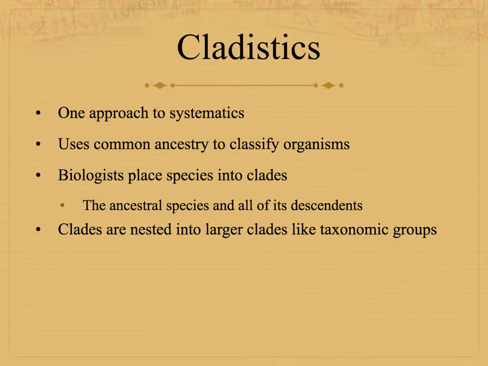So cladistics is one approach to systematics, one way we can study organisms and how they all fit together. And it's going to use common ancestry to classify those organisms. Each organism, or species, excuse me, is placed into a clade, which includes the ancestor and all of its descendants. And we'll talk about the different kinds of clades there can be.